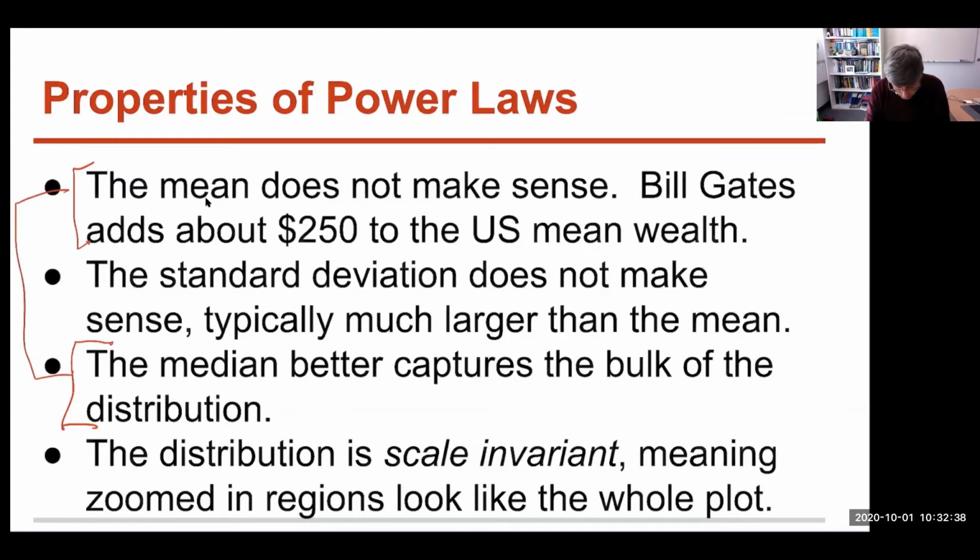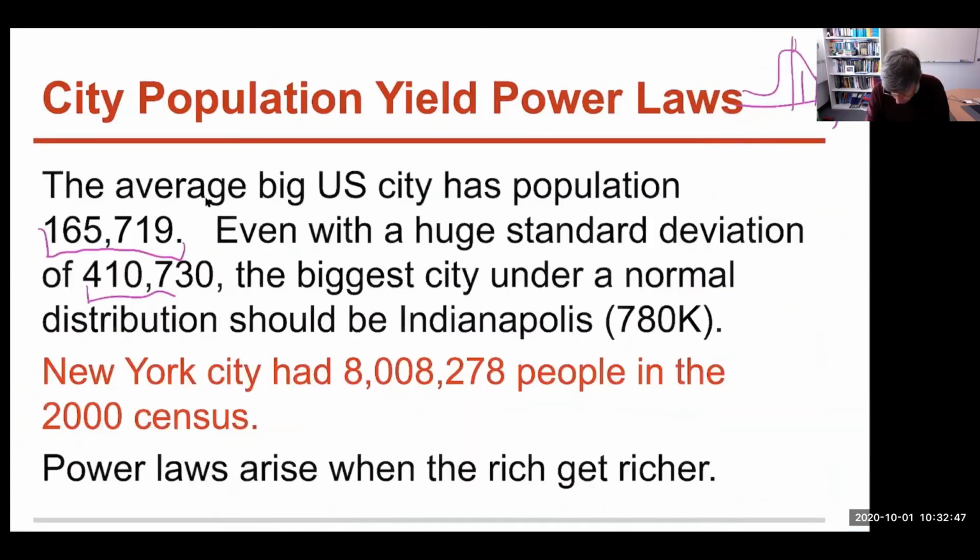The other thing that's true is that the standard deviation of a power law doesn't really make sense. Think back to our city example. The mean was the average population. The standard deviation of populations of cities was very large relative to the mean.